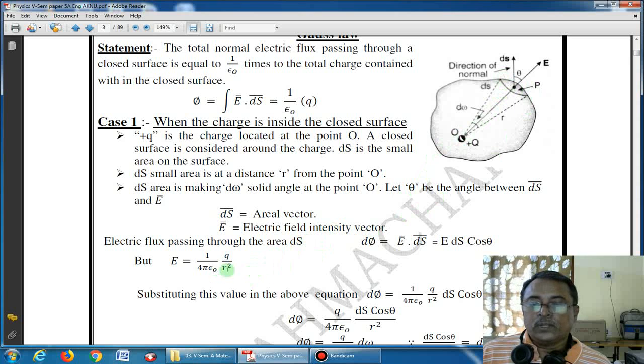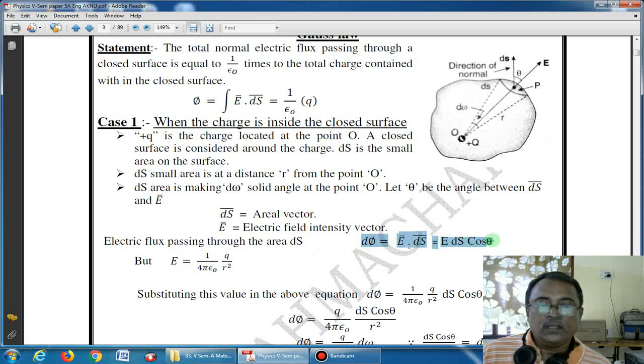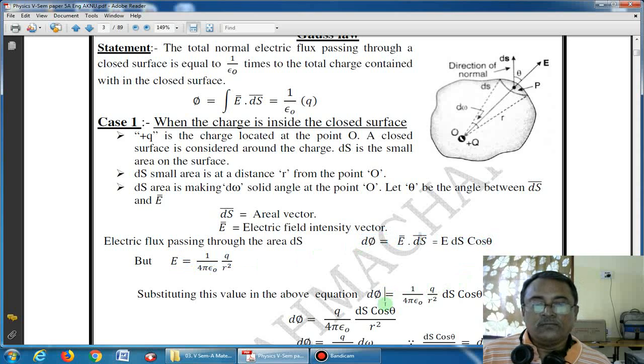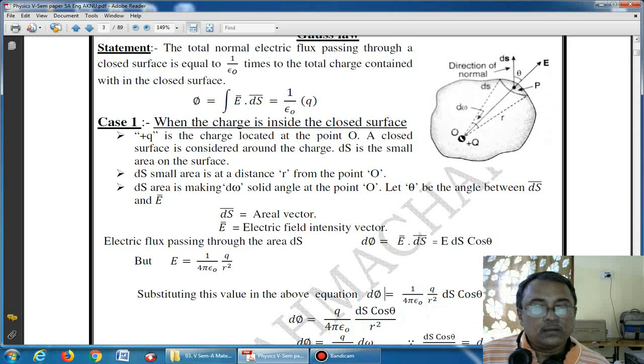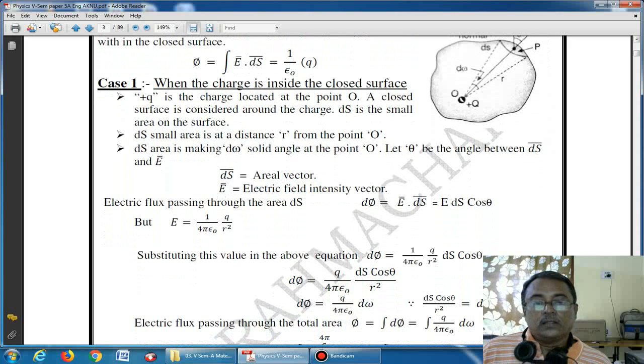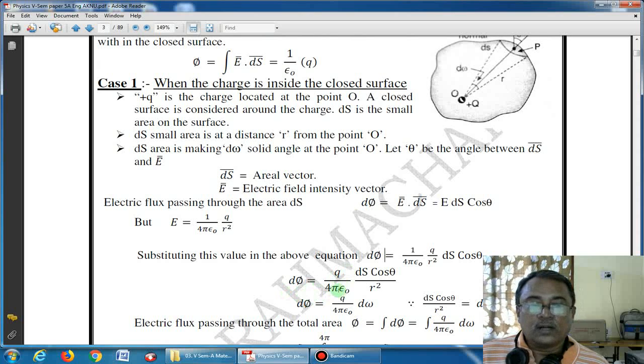Then substituting this E value in the d phi equation, d phi is equal to 1 by 4 pi epsilon naught into q by r square into ds cos theta. Then d phi can be written as q by 4 pi epsilon naught into ds cos theta by r square.